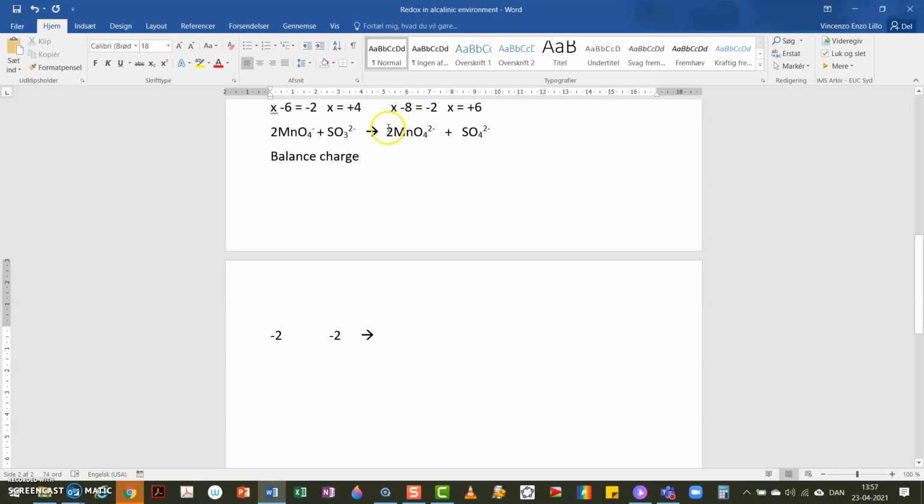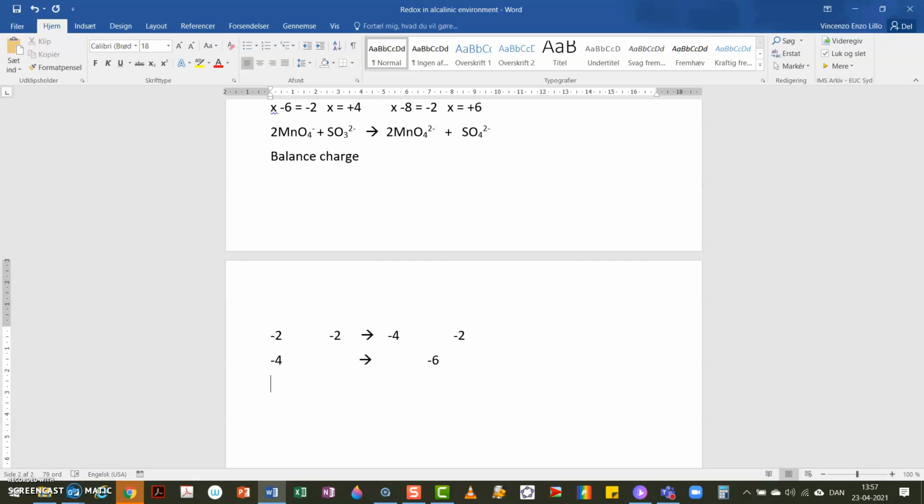And then we'll have 4 negative charges here, 2 times 2 minus, and 2 negative charges here. So in all, we'll have -4 at this side of the arrow and -6 on this side of the arrow.